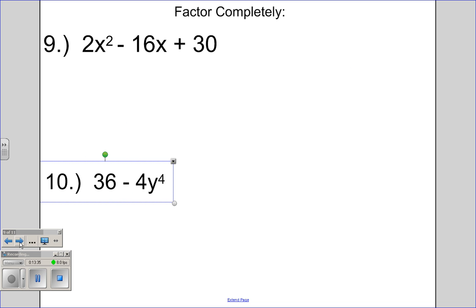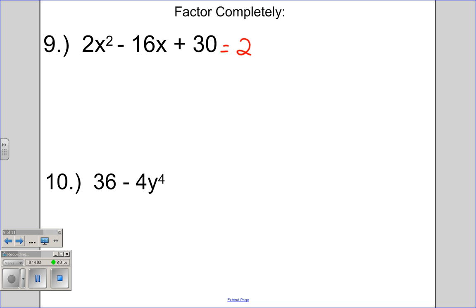Now, factor completely. This is where you're going to look every time because you don't know. They're going to be mixed up. You don't know which way you're going to factor. So you want to always ask yourself, is there a greatest common factor? Now looking at number 9, is there a greatest common factor? Two is our greatest common factor.